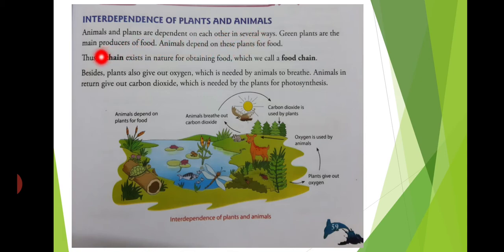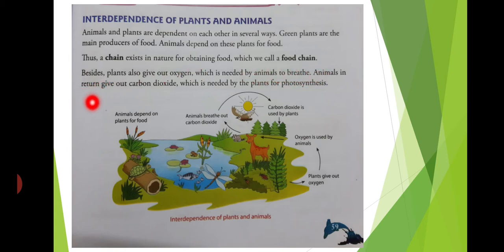As you know, animals and plants depend on each other in several ways, as green plants are the main producers of food and animals depend on these plants for food. And children, thus a chain exists in nature for obtaining food, which we call a food chain.